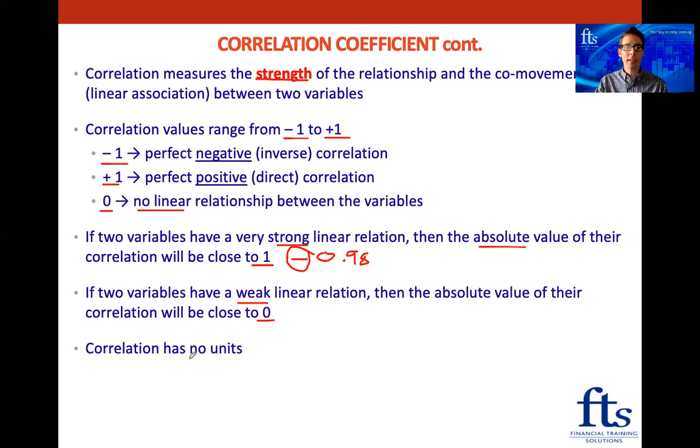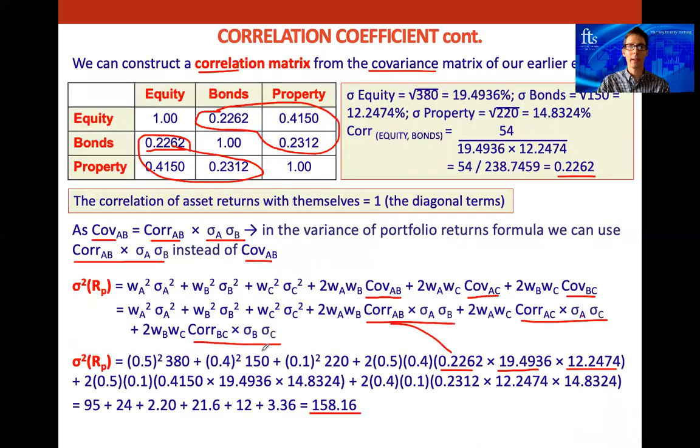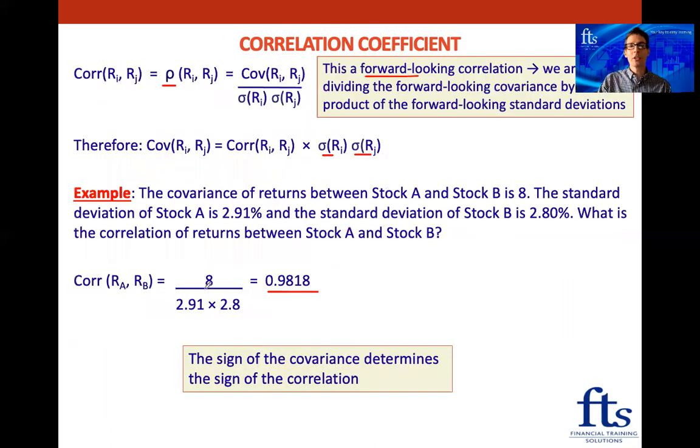And lastly, correlation has got no units. It's just between -1 and +1. So why has it got no units? If we just go back to our formula for correlation for 1 second, we've already mentioned, I think in the first slide we did of this class, that covariance, let's say we're using percentages for our situation, is expressed in units squared.